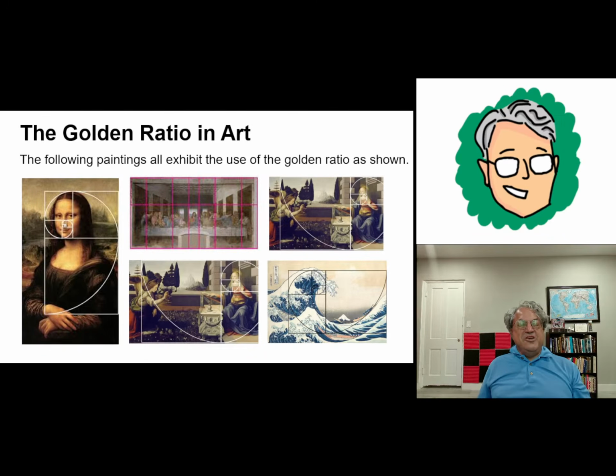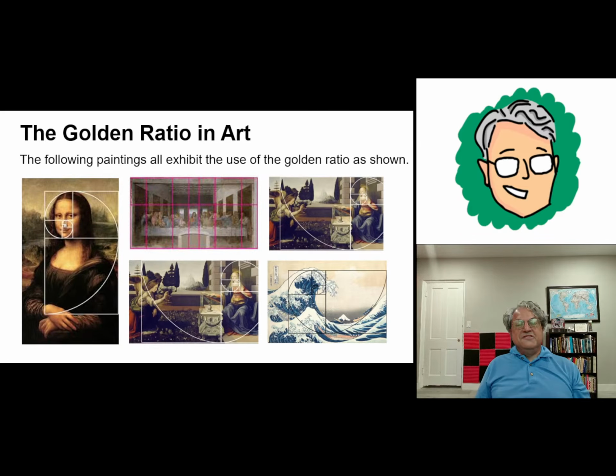And that arrangement gives the maximum amount of exposure to sunlight. You can actually prove that. And that's the reason why plants, flowers and leaves on plants have Fibonacci numbers of leaves.